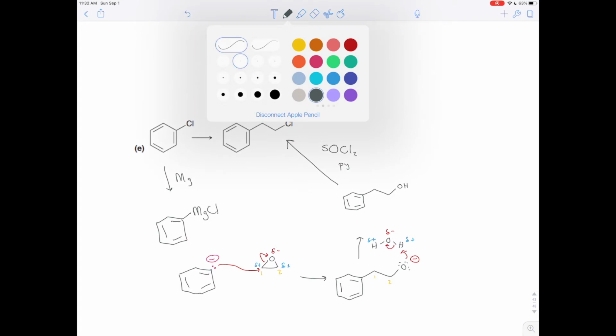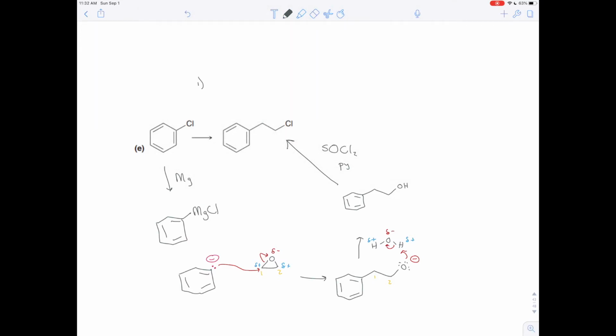Okay, so the steps for this are, first, dump some solid magnesium in. That creates your Grignard reagent. Once you have your Grignard reagent, create that new carbon-to-carbon bond. Because the functional group was 2 carbons away, we used an epoxide. And to draw that epoxide, we looked at the branches on that carbon chain.